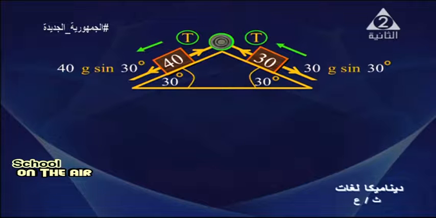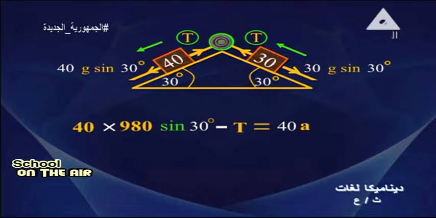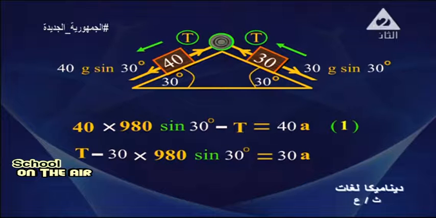Then the equation of motion is 40 times 980 times sine 30 minus T equals 40a for the first body. And for the second body, T minus 30 times 980 sine 30 equals 30a.